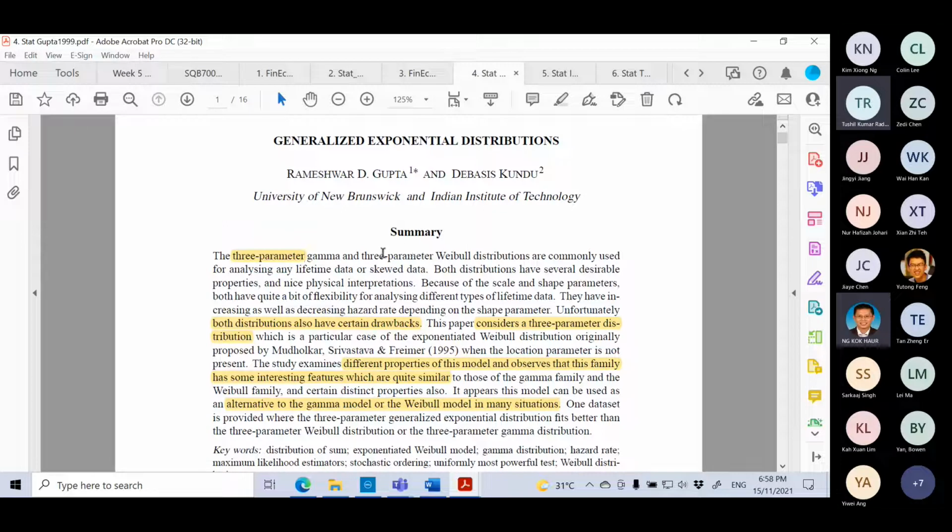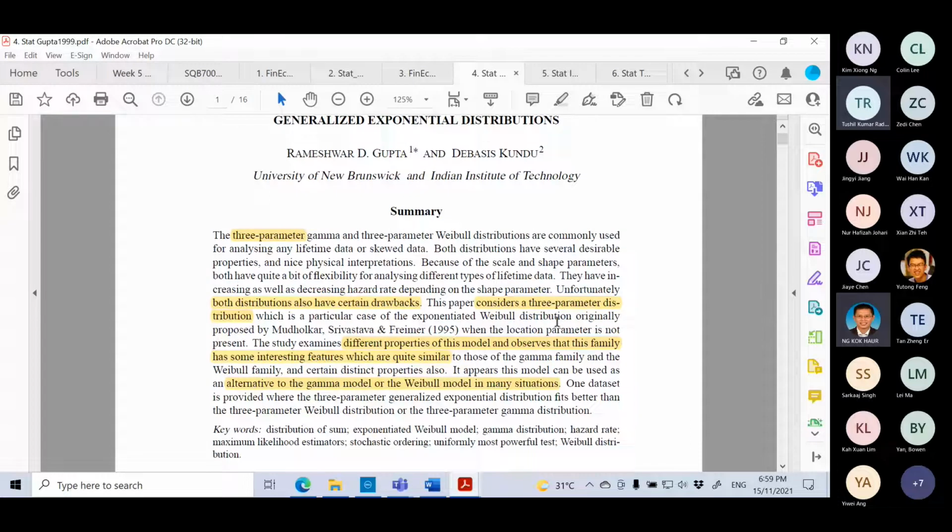But they also tell you why we don't want to use the existing ones. It's because both of the distributions have certain drawbacks, certain limitations. Therefore, in this paper, we are going to propose a 3-parameter distribution, given here, where they mention the case when the location parameter is not present. So this is the claim of their research work.